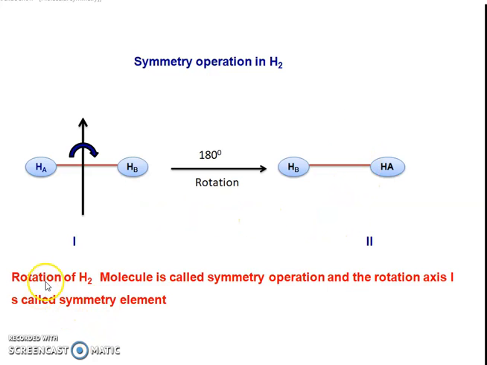Rotation, and therefore rotation is the symmetry operation, and this principal axis is called the symmetry element. Therefore rotation of the H2 molecule is called symmetry operation, and the axis of rotation is called a symmetry element.